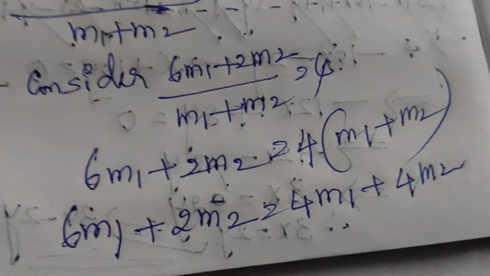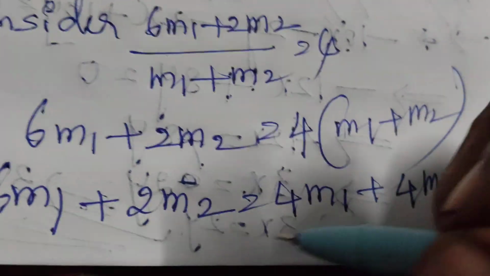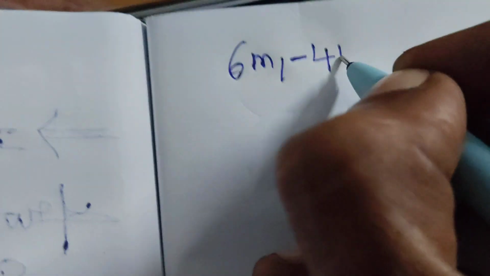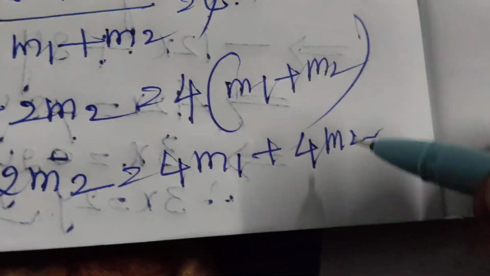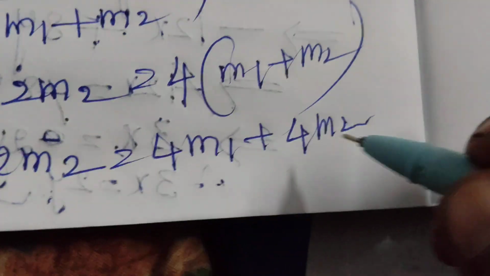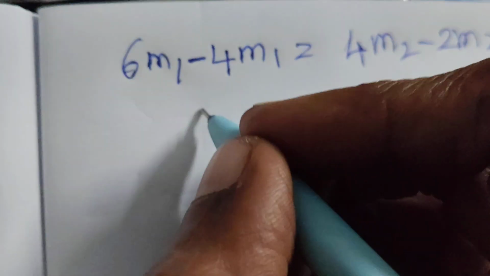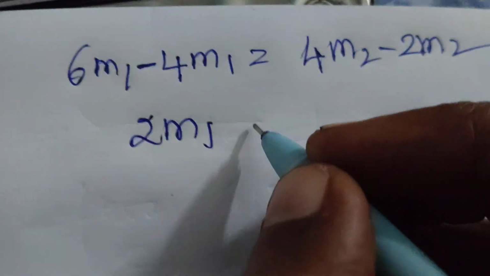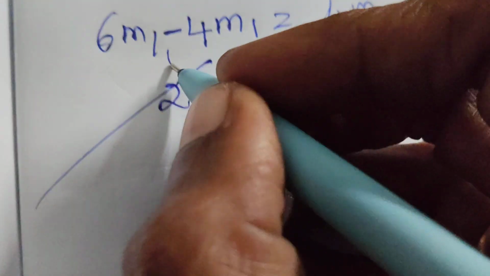Now 6 m1 minus 4 m1 equals, on the right-hand side, 4 m2, and the 2 m2 from the left-hand side we transpose to the right. So 4 m2 minus 2 m2, that is 2 m2, and 6 minus 4 m1 is 2 m1. 2 m1 equals 2 m2, the 2 gets cancelled.